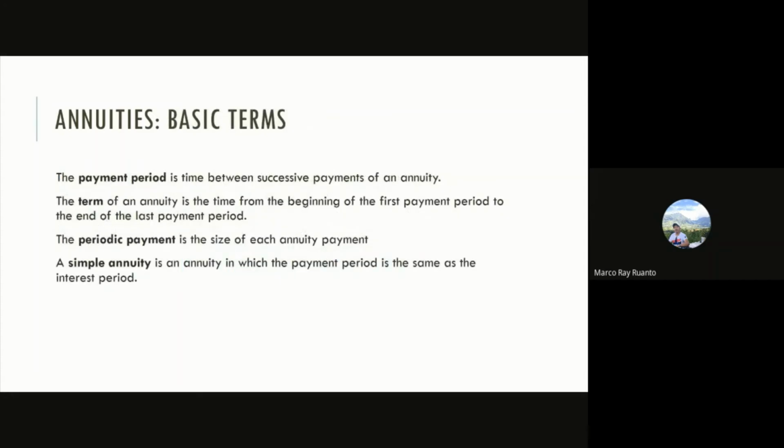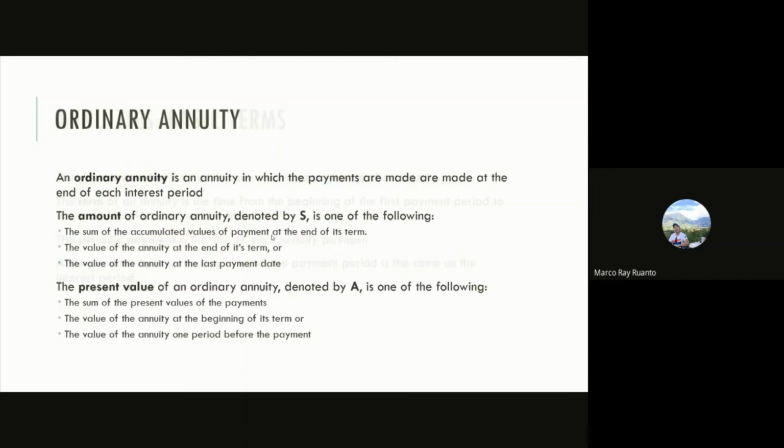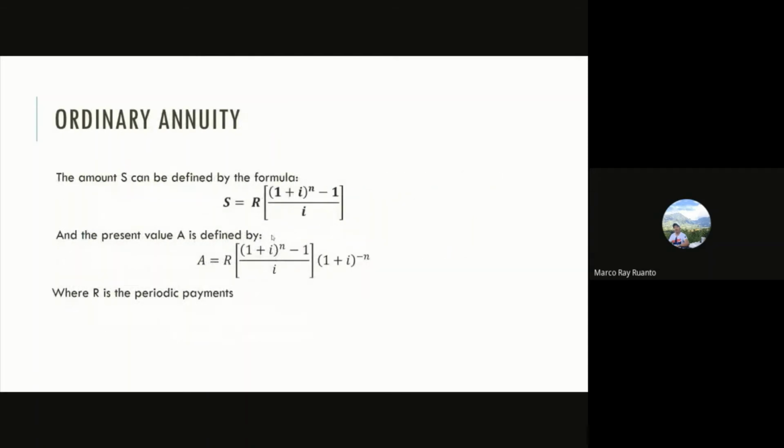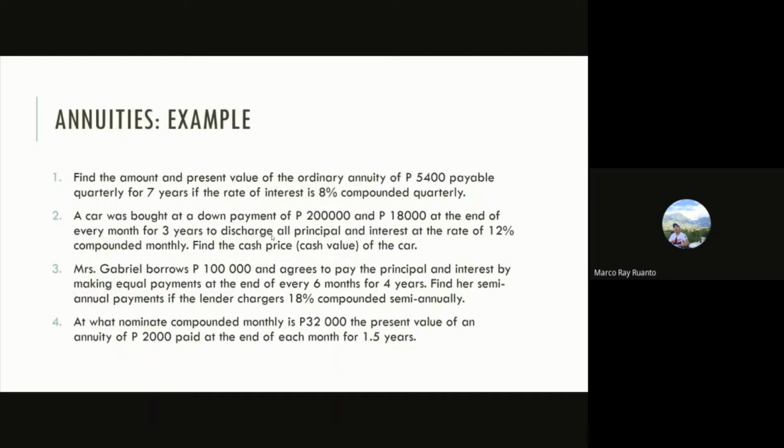Okay, I know that you have this lesson in your senior high school general mathematics subject, so I'll just leave this one for you. By the way, S is the future value of the annuity and A refers to the present value. These are derived from the compound interest formula.